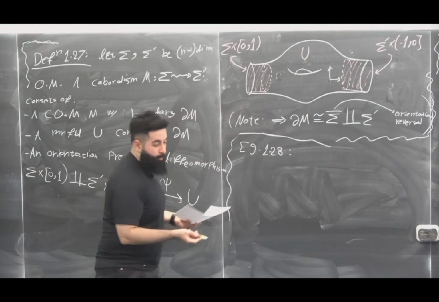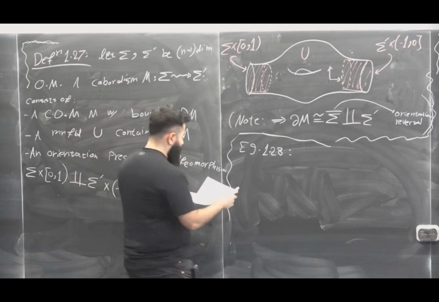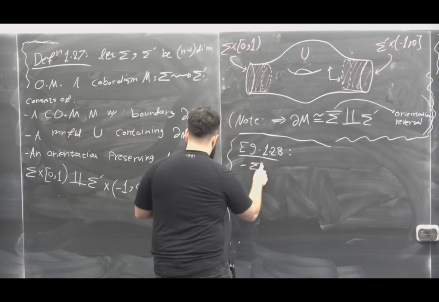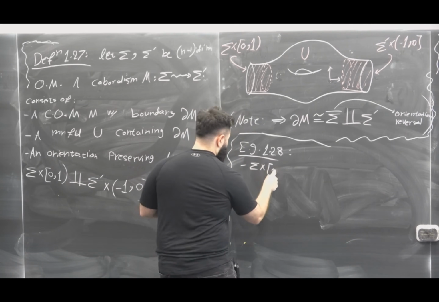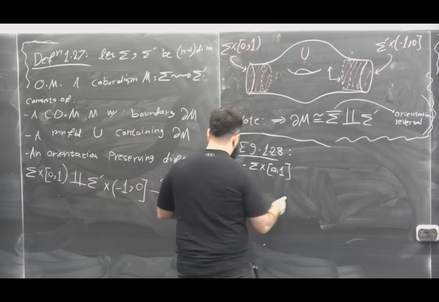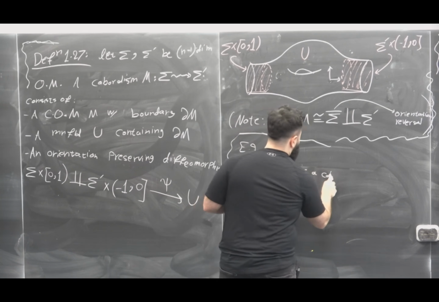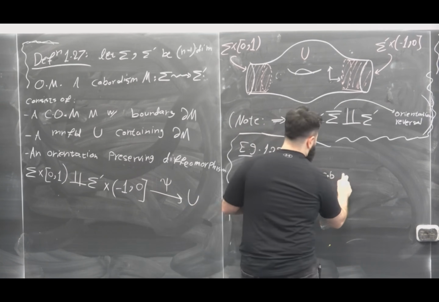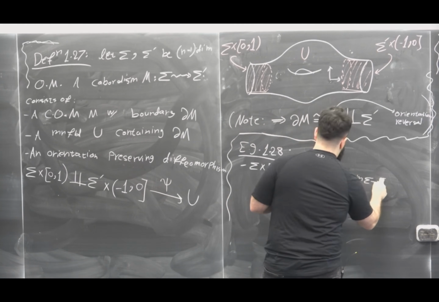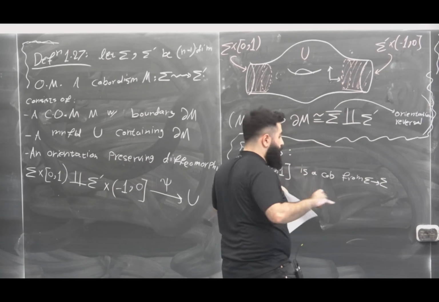We did start with chapter 0, so chapter 0 was pretty short. Sigma cross the closed interval this time is a cobordism from sigma to two disjoint copies of sigma.